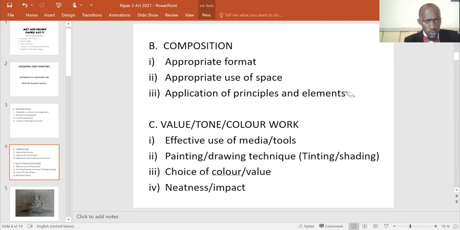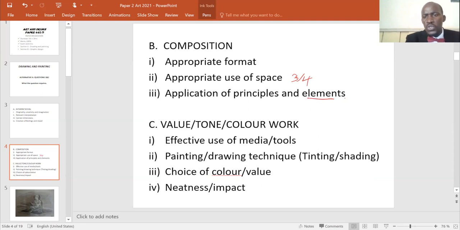So whatever you do, as you do your composition, ensure that you use 3/4 of the space.